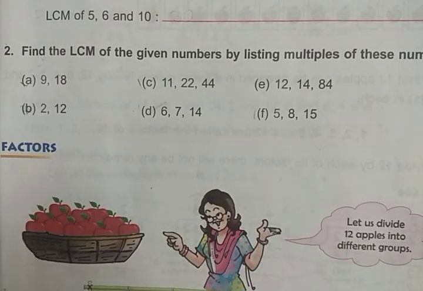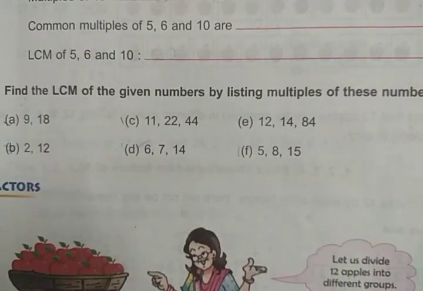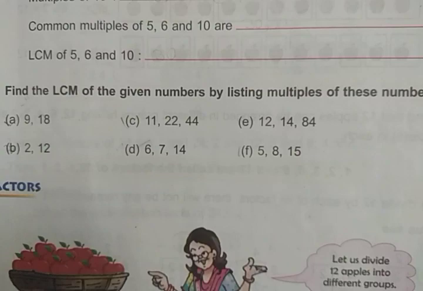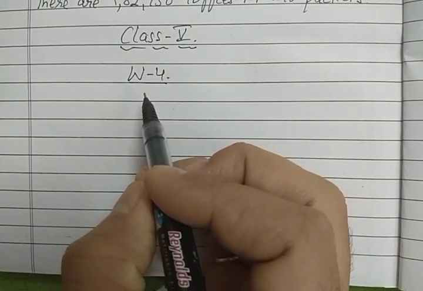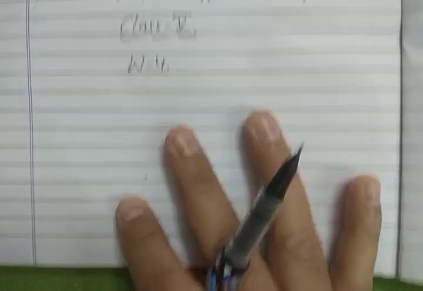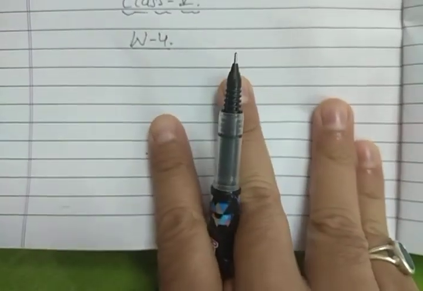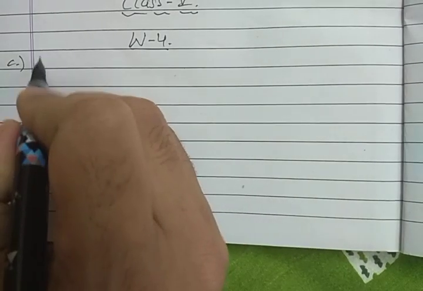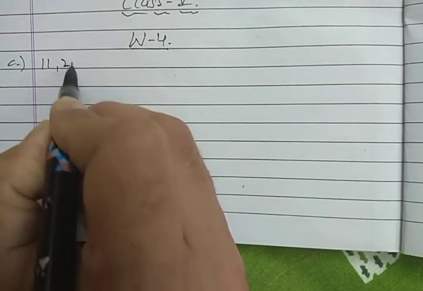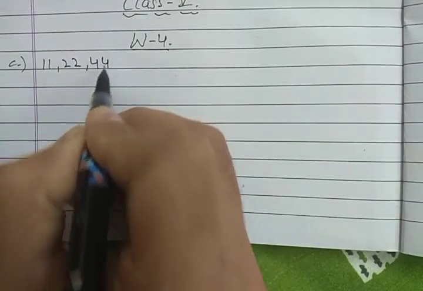Let us start with the C part, that is, find the LCM of 11, 22 and 44. So here is worksheet number 4, C part, that is, we have to find the LCM of 11, 22 and 44.